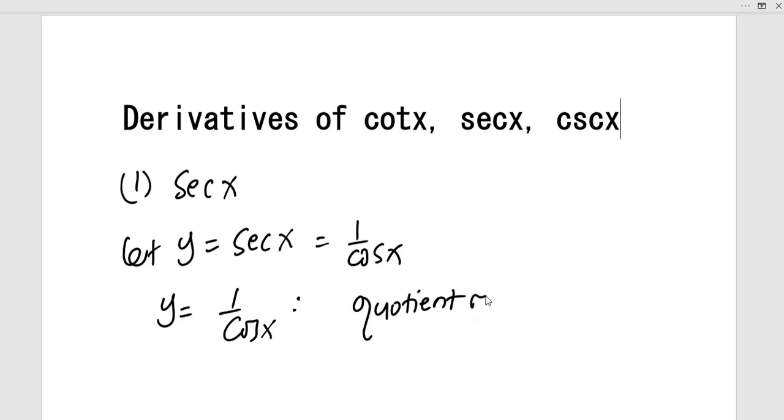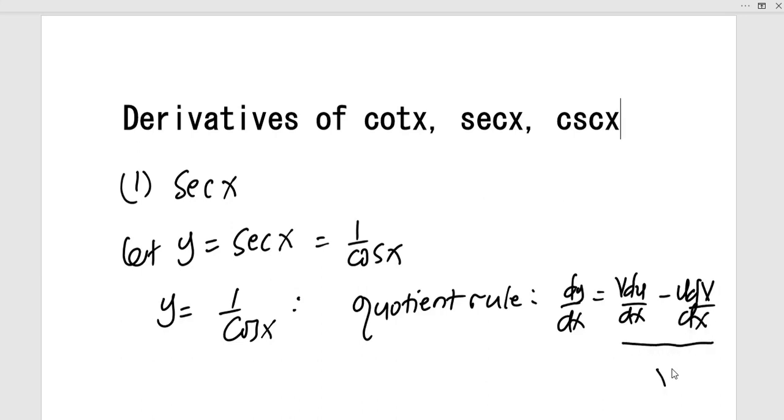Quotient rule, which says if you want dy by dx, it will be v du dx minus u dv dx divided by v squared.